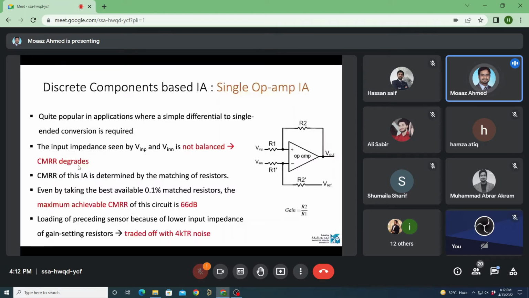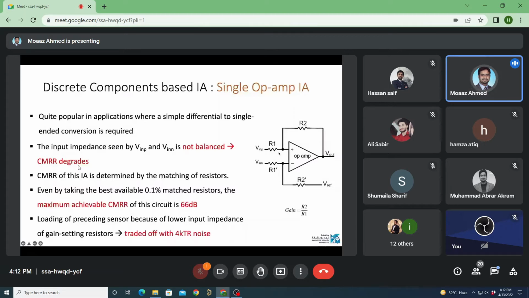The input impedance seen by these inputs, V in P and V in N, is clearly not balanced. V in P sees R1, while V in N sees R1 in parallel with R2. So they are not balanced. The common mode ratio of this amplifier is also determined by the matching of resistors, which, of course, in a discrete design, at most we can have 5%, or very expensive 1% matched resistors.